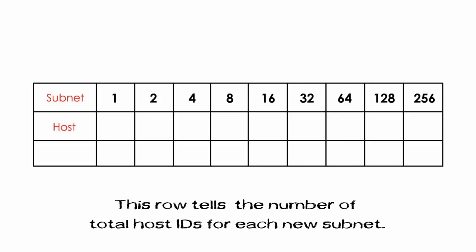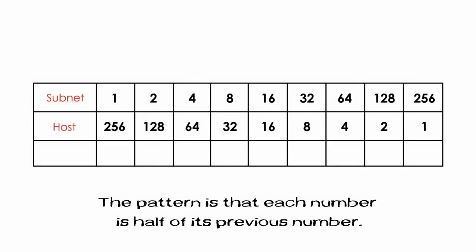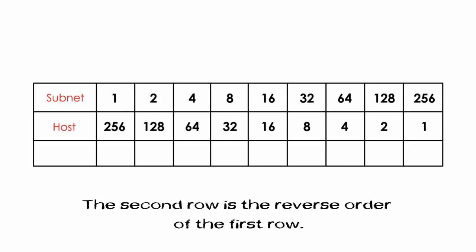This row tells the number of total host IDs for each new subnet. Start with 256, then 128, 64, 32, 16, 8, 4, 2, and 1. The pattern is each number is half of its previous number, or the second row is the reverse order of the first row.